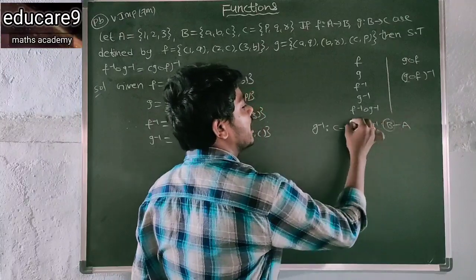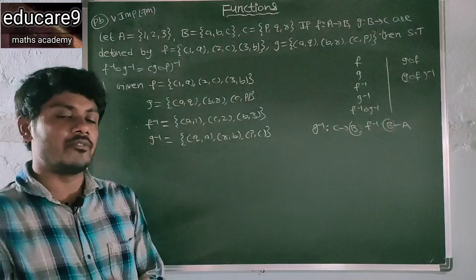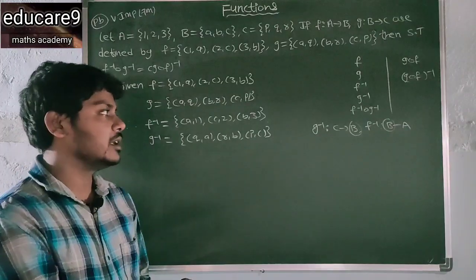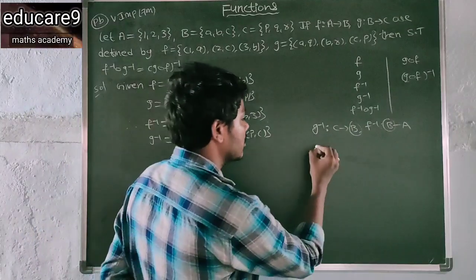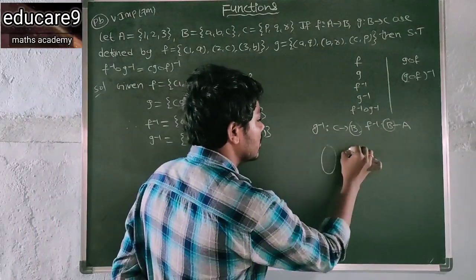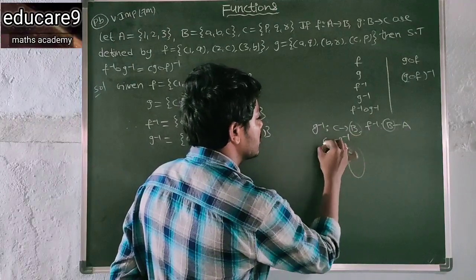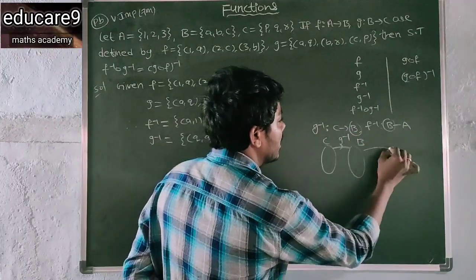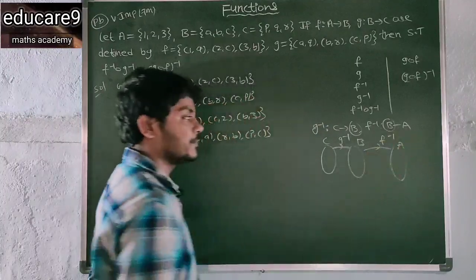B to A. So clearly the codomain of G inverse is equal to the domain of F inverse. Therefore, the composite function exists. And how to write those mappings? See here. This is G inverse, this is C to B. And this is F inverse.